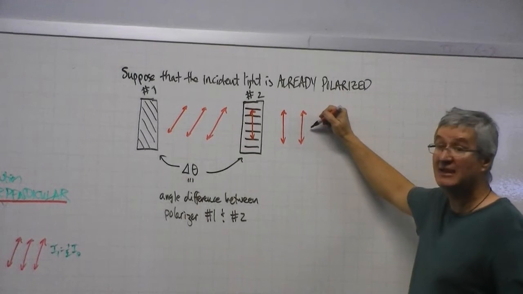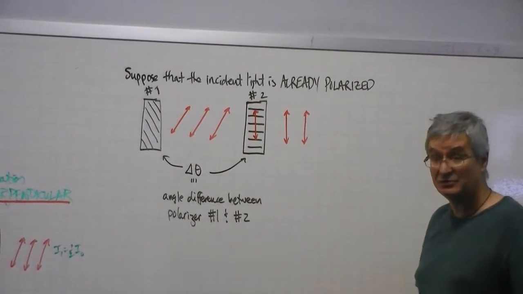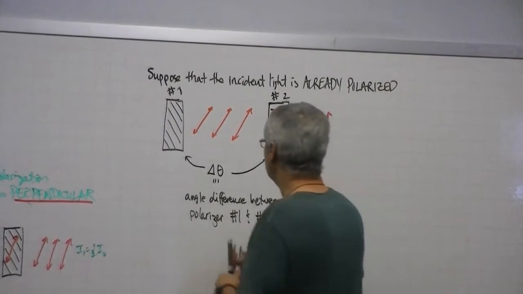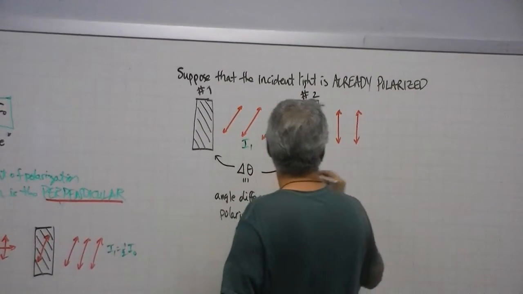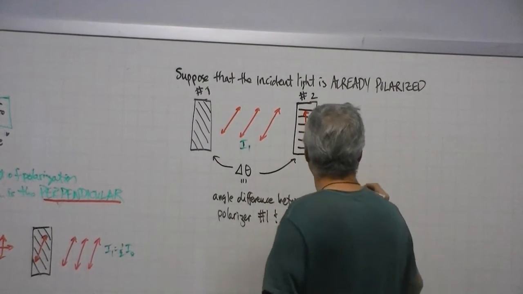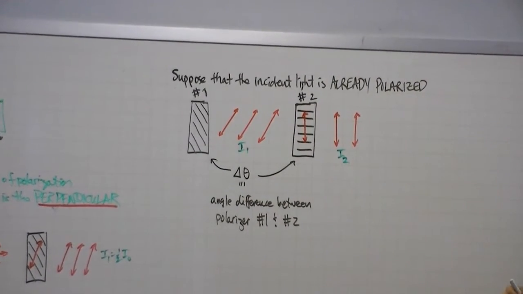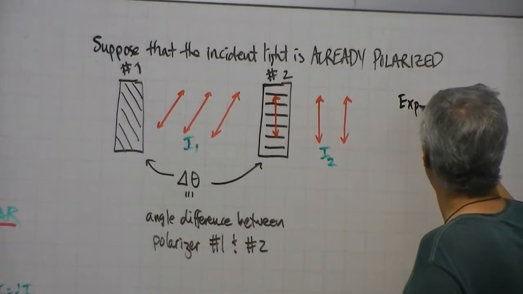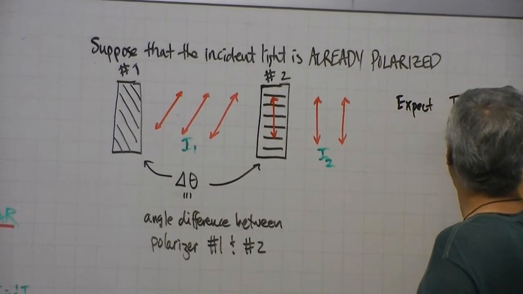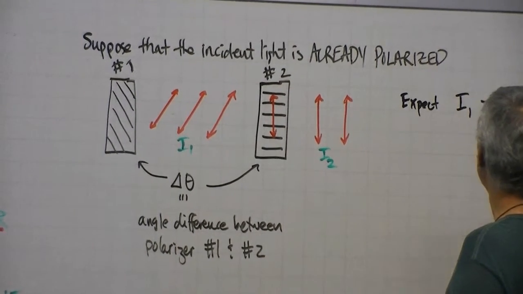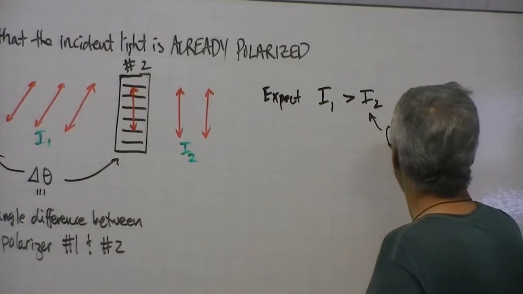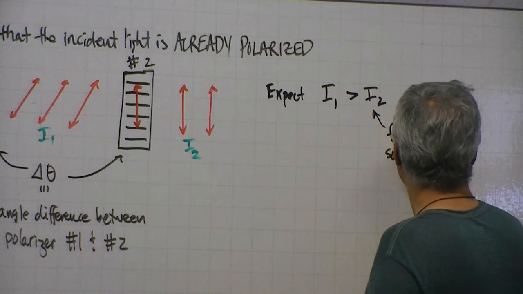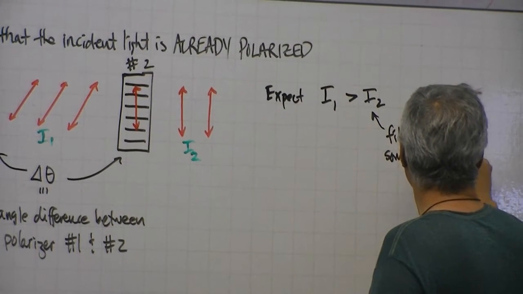I should have less light because I'm taking part of the light out here. So when I compare intensity 1 to intensity 2, we expect that intensity 1 should be greater than intensity 2, since why? We filtered out some polarization components.